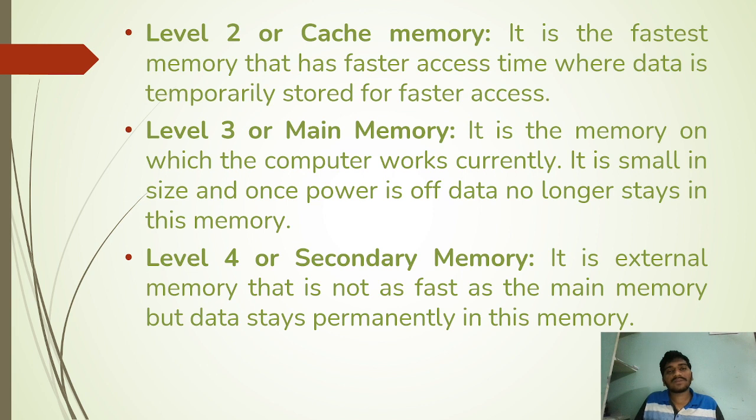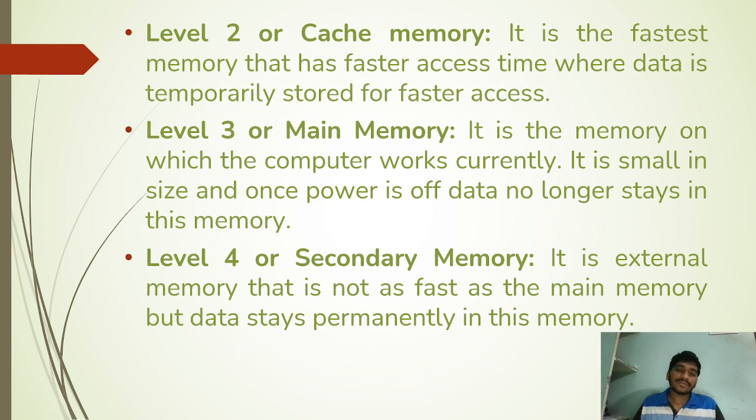Level three is the main memory. It is the memory on which the computer works currently. It is small in size, and once power is off, data no longer stays in memory. Level four is the secondary memory. It is the external memory that is not as fast as the main memory, but data stays permanently in this memory.